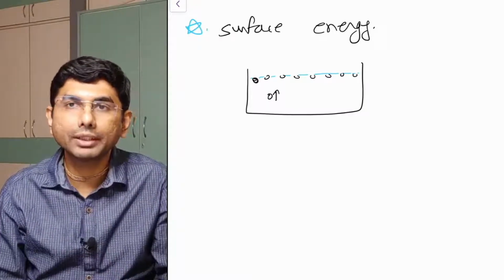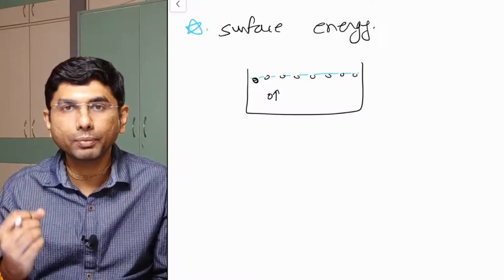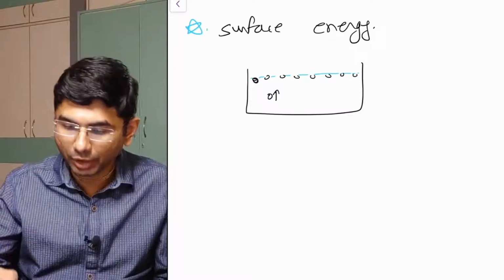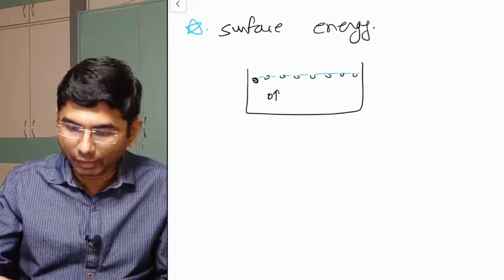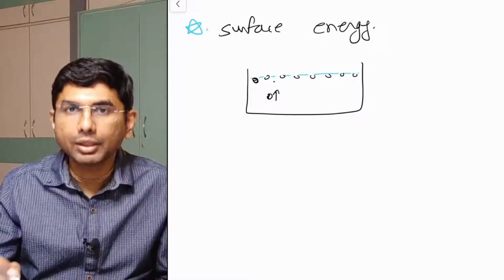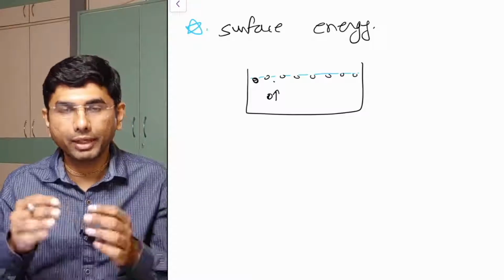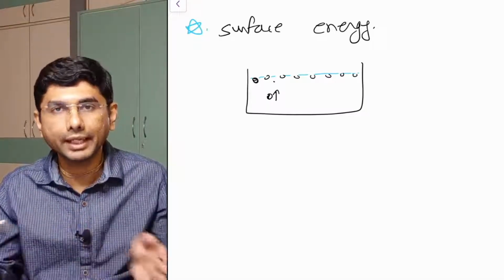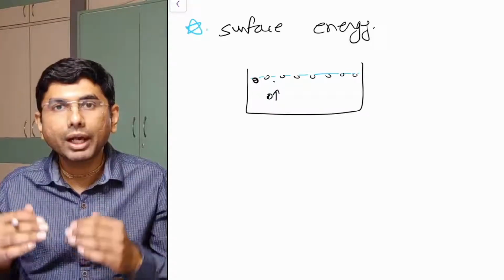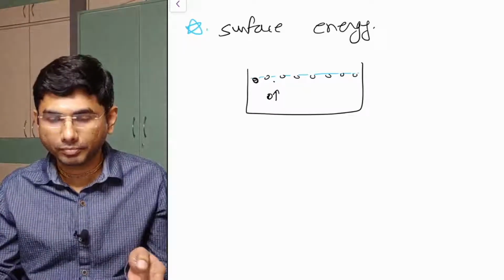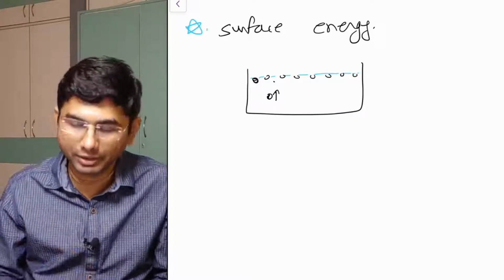Now if you want to increase the surface area of a surface, then I need to exert some kind of energy. Some work needs to be done to get a molecule from down to up. Because this molecule is coming up, there is some energy which needs to be spent, and that is called the surface energy. Whenever I am increasing the area, the surface energy is increasing, and more work has to be done to increase the area. And whenever I am reducing the area, that time the energy is being released.